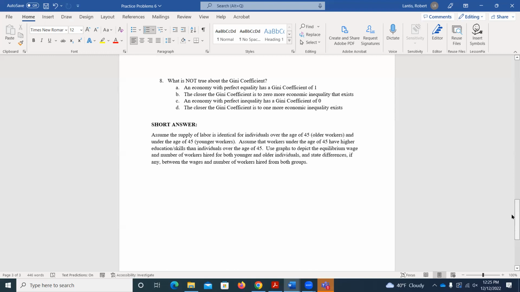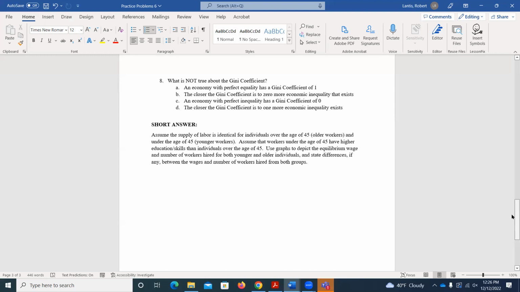And so your younger workers might have the same level of education, the same bachelor's degree from the same university in accounting or economics or finance, but they also understand how to use the tools that exist now, whether it's social media or setting things up on a website that some of my older workers don't. They're more valuable to my company. So I'm going to see them get higher wages and a higher number of workers employed there. Everybody understand that one? Okay with that one? So that's something we did go through.